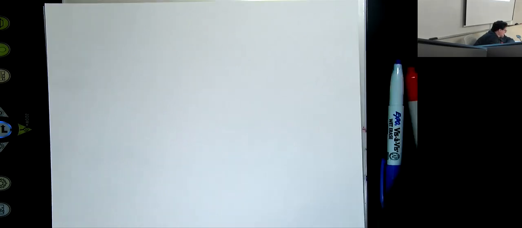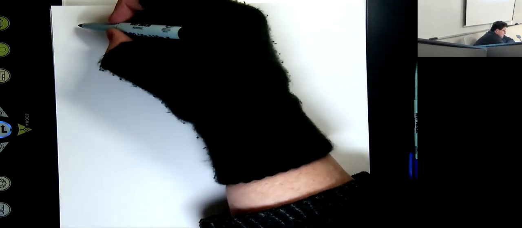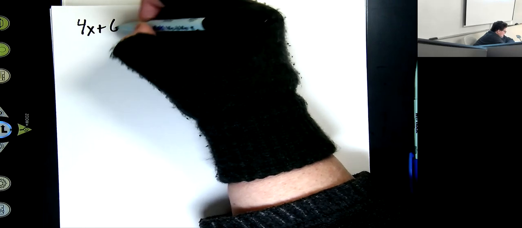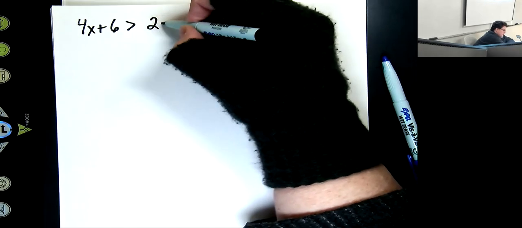All right, let's take a look at a couple examples. 4x plus 6 is greater than 2x minus 2.